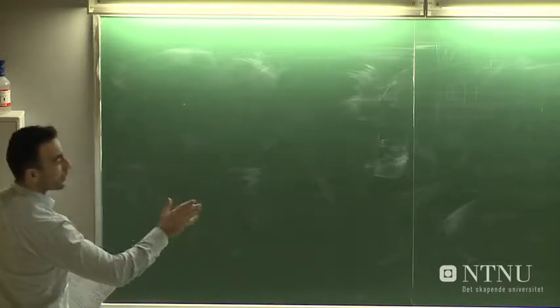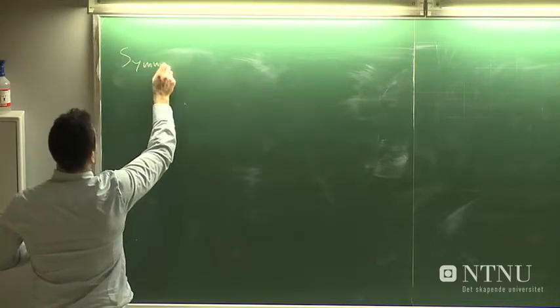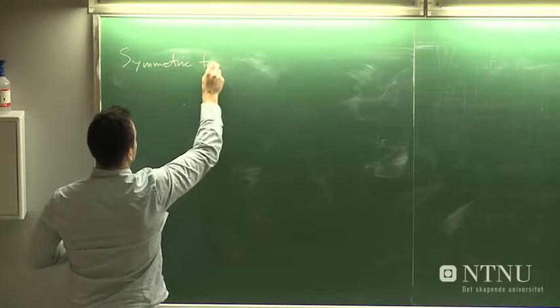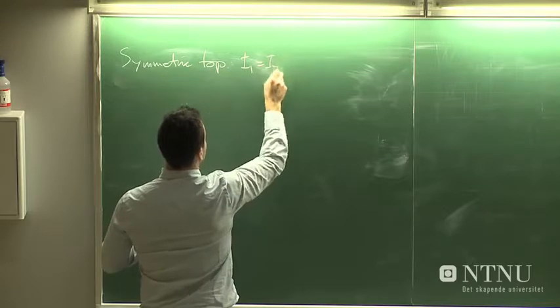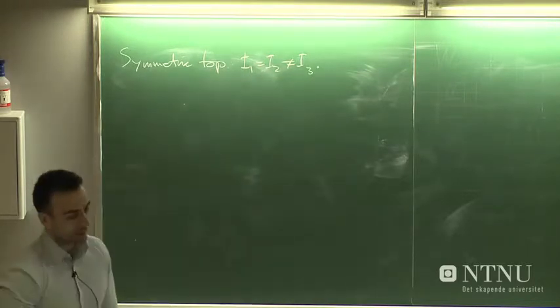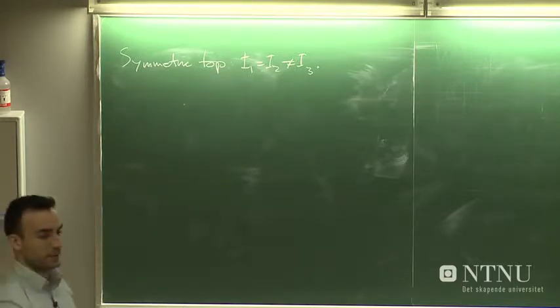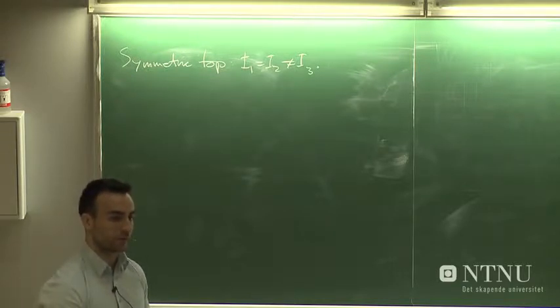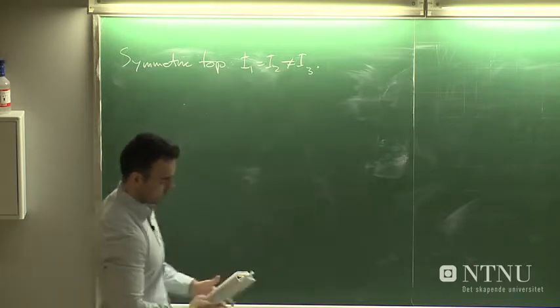So in the unprimed coordinate system, the matrix of inertia is diagonal, and you can show this mathematically if you want. So similarly to our squished Earth that we considered a couple of lectures ago, we have a situation where two of the main moments of inertia are the same, whereas the third is different.